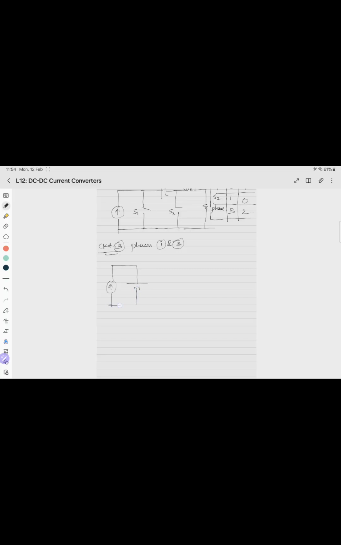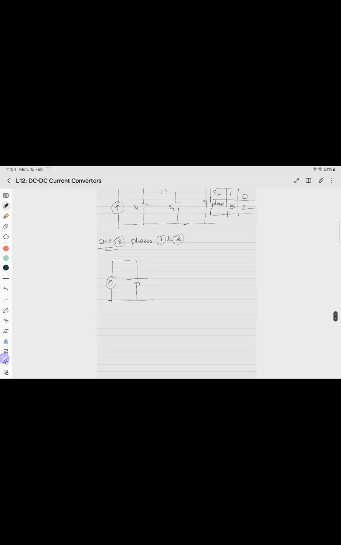Here the capacitor is connected, here one switch is connected, S1, another switch is S2, then there is an inductor and the load. So S1, S2, phase 0 1 1 0. We'll see what are the valid phases.